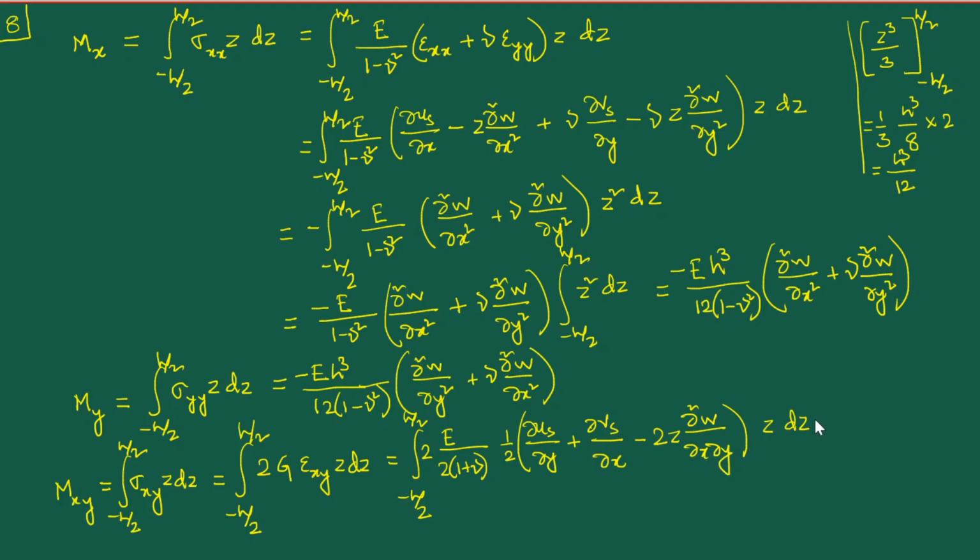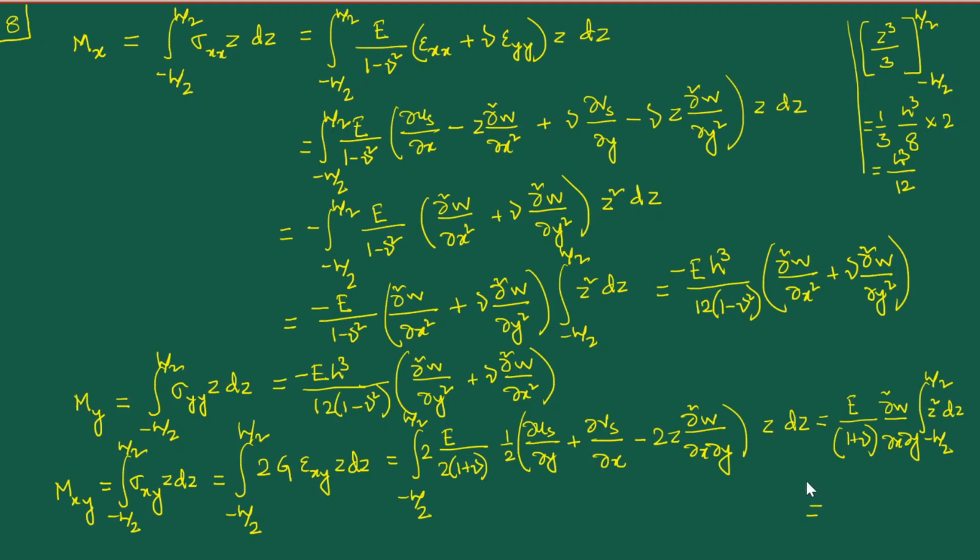Okay, so what we are going to end up with here is E divided by 1 plus nu, del square w del x del y, and then integration z square dz, lower limit minus h by 2, upper limit h by 2.